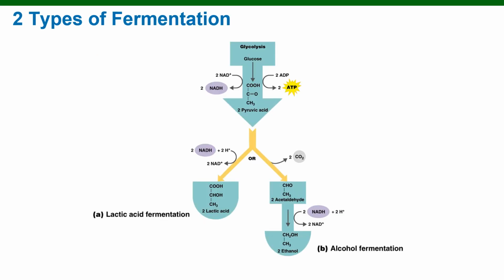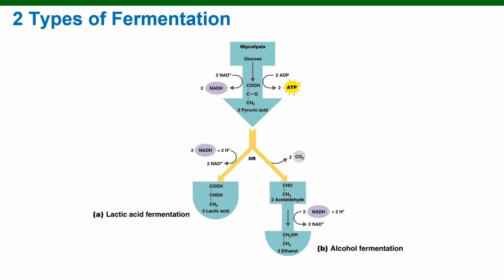When we compare lactic acid fermentation on the left to alcoholic fermentation on the right, there are some commonalities and then some differences. The common part is the glycolytic step, where glucose is split ultimately into two pyruvic acids or pyruvates. But then, where the pyruvate ends up, or how it's handled, is how these two fermentative processes differ.